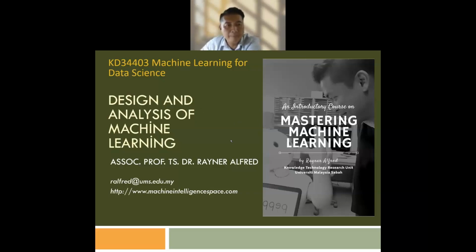Okay, so this session is called the design and analysis of machine learning, in which we look into how do we design the experiment, and then how do we compare the performance of the algorithm, how do we split the data, and so on.